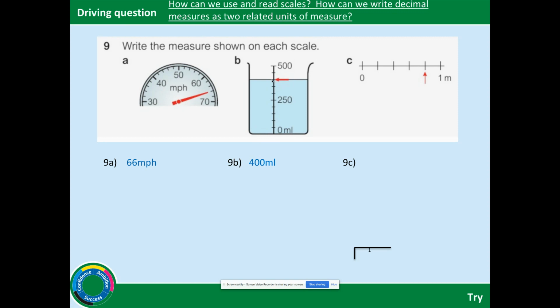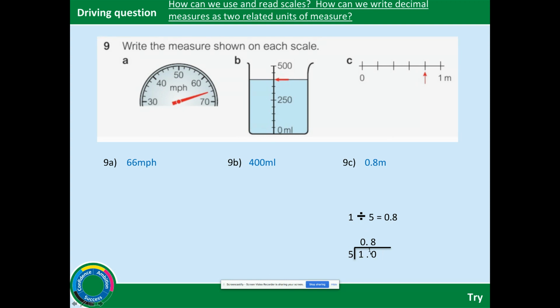The last one, I've got 0 and 1. So 1 take away 0 is 1. How many jumps? 1, 2, 3, 4, 5. So I need to do 1 divided by 5. We can always try doing our bus stop method, 5 into 1.